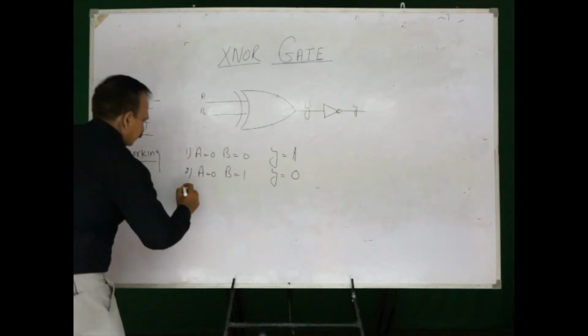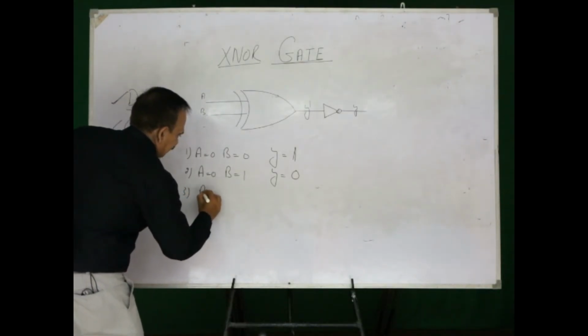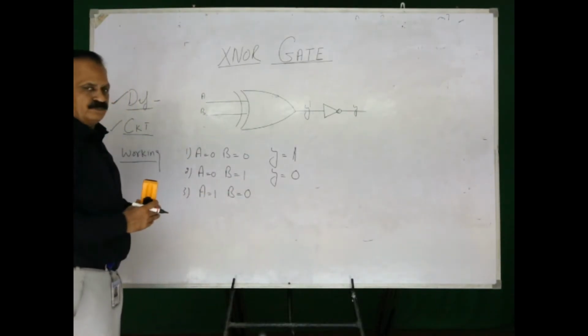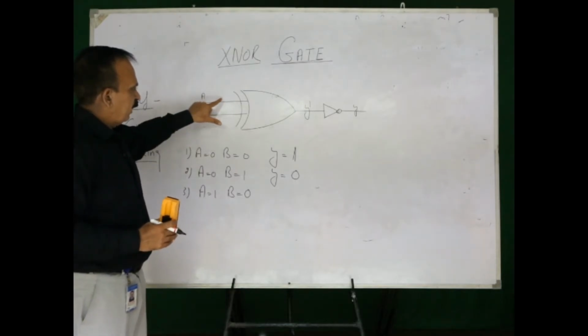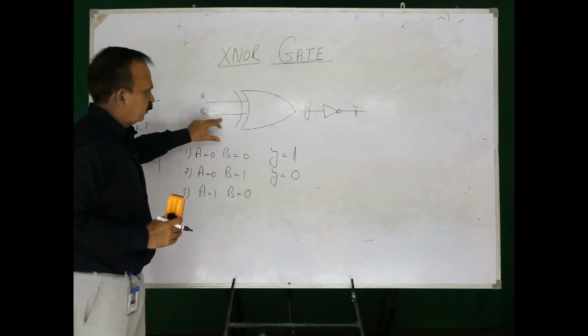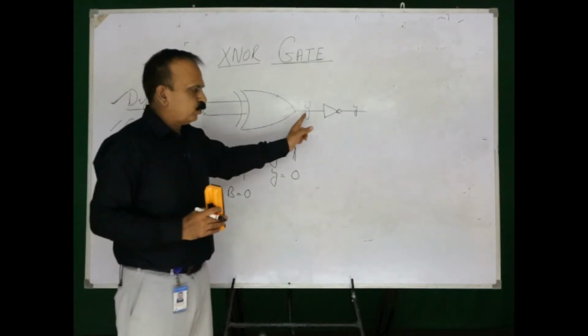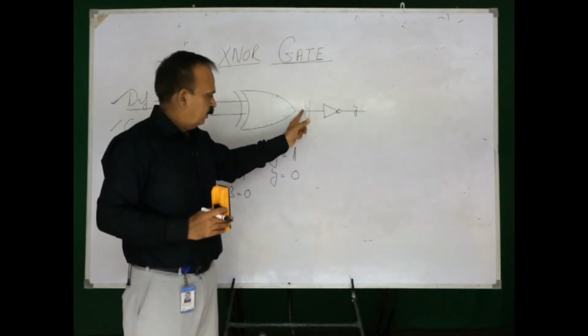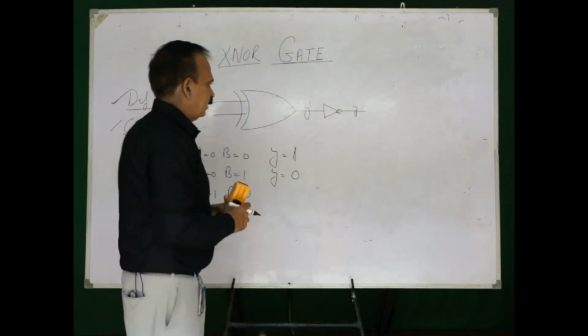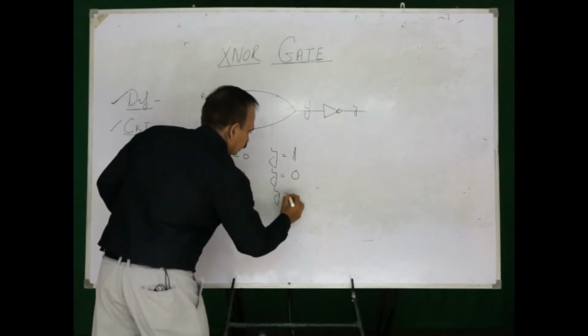Next case, and that is A is equal to 1, B is equal to 0. This is 1 and this is 0. Now, if A is equal to 1 and B is equal to 0, the output of exclusive OR gate will be 1 and positively the value of Y will be equal to 0.